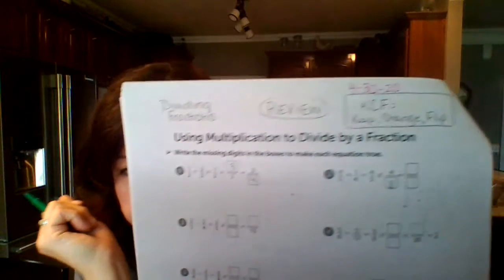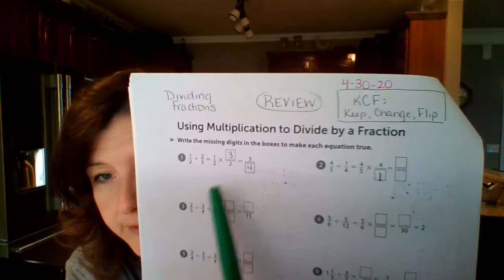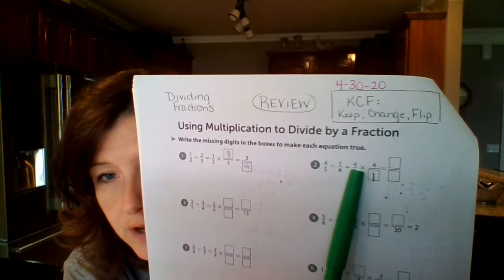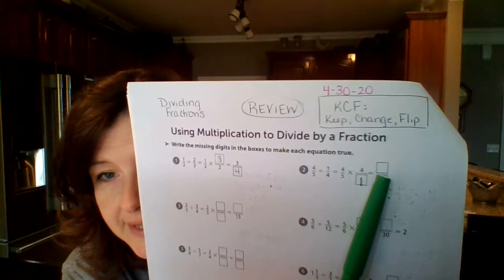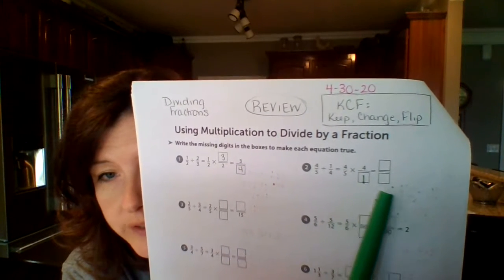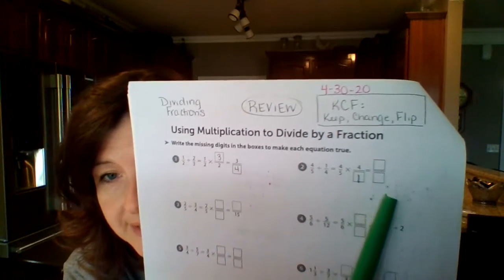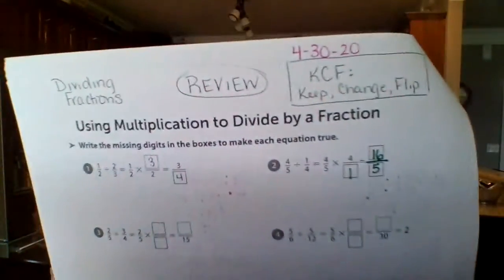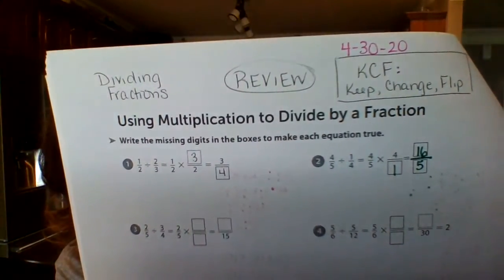Then to get your final answer, 4 times 4 is 16, and 5 times 1 is 5. So the answer is 16/5. Written like this. See how all the boxes just look really weird, but it's just keep, change, flip.